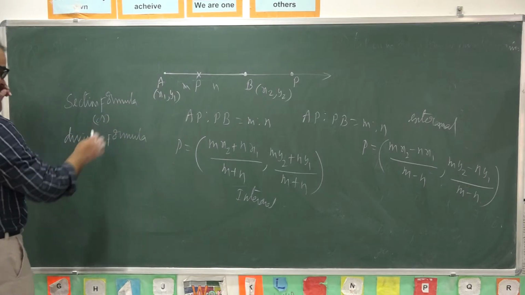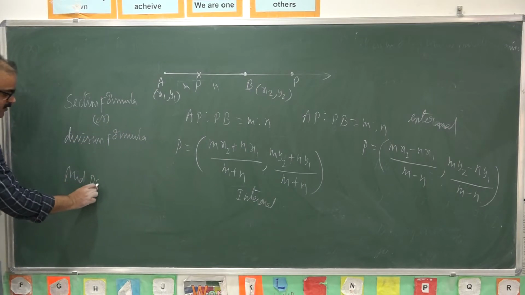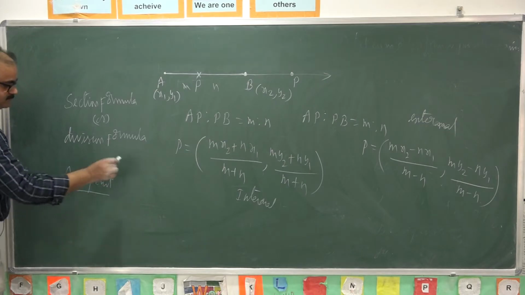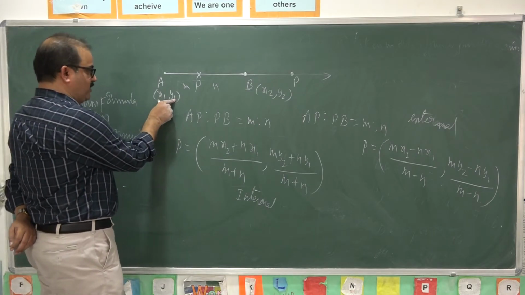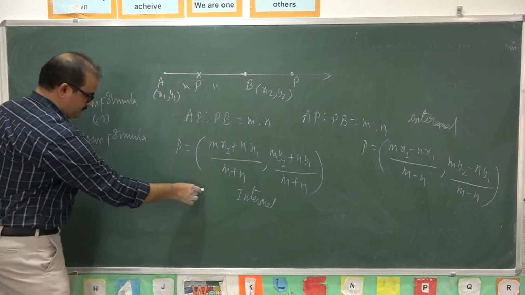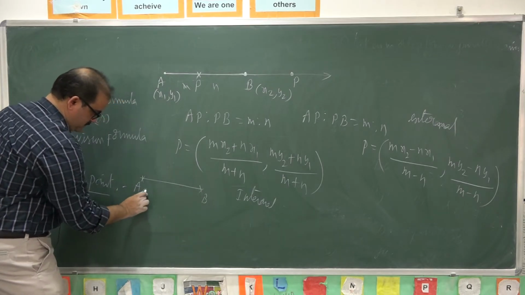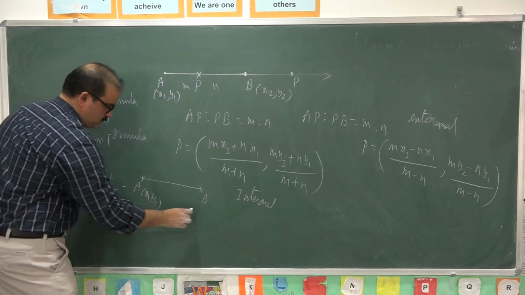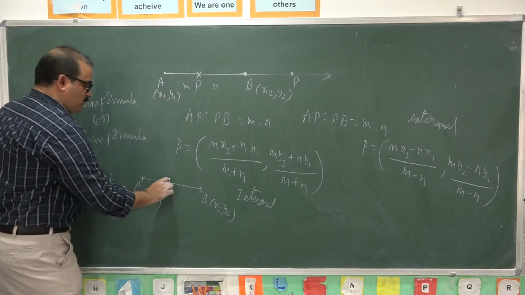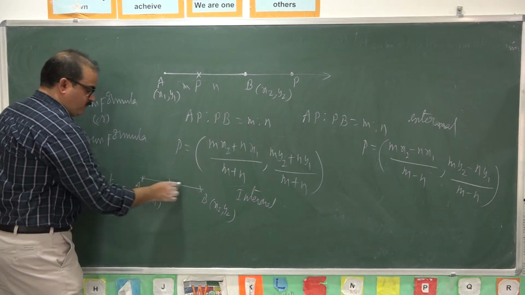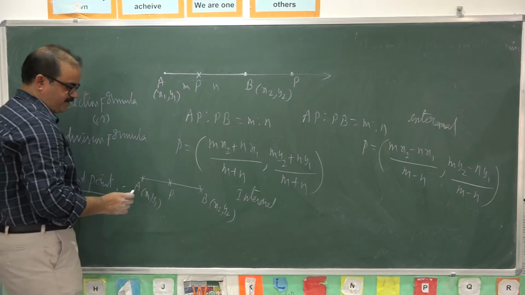Next, from this we discuss how to find midpoint of AB. Let A (x1, y1) and B (x2, y2). How to find midpoint of AB? Let P be the midpoint of AB.